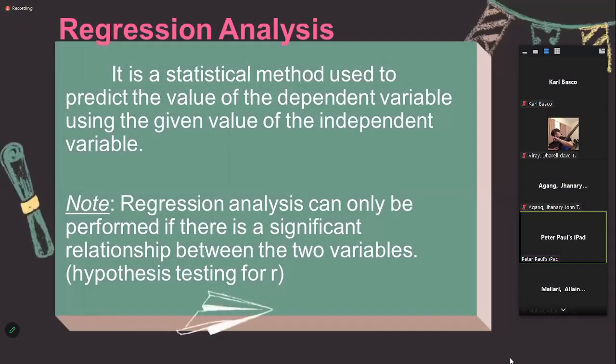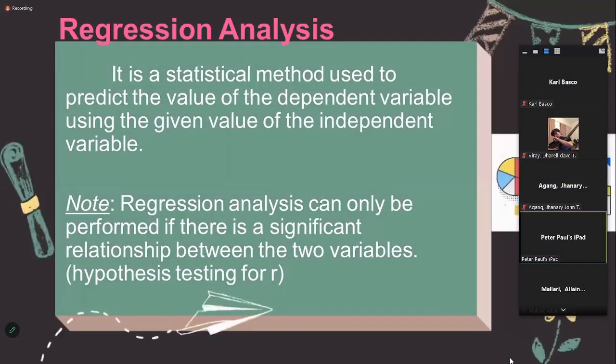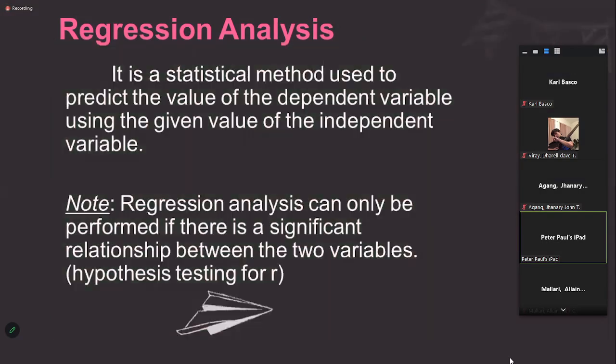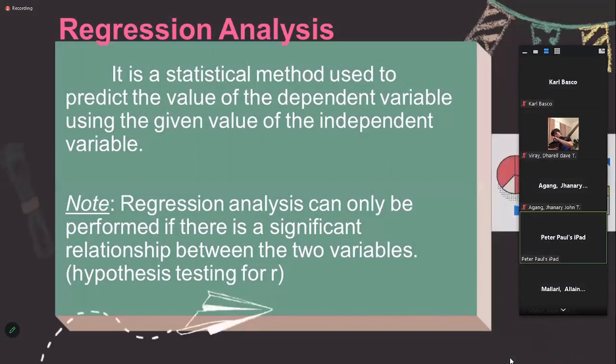So when we say regression analysis, our keyword is the word predict. Pag gusto mong i-predict yung epekto ng dependent variable, ng independent variable sa may dependent variable, ang gagamitin mong statistics ay yung regression analysis.